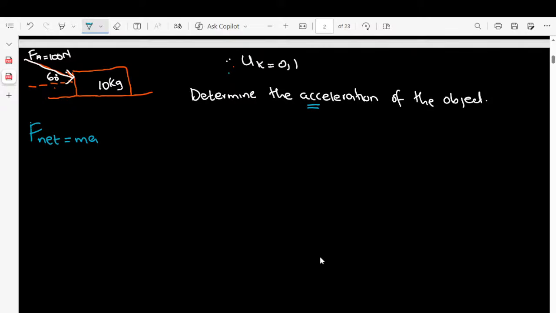So if F net is equal to ma, this tells you that we need to indicate all the forces that are acting on the object, the horizontal forces. But before that, I want us to indicate all the forces. What I need you to pay attention to is that the Fy this time will go down.